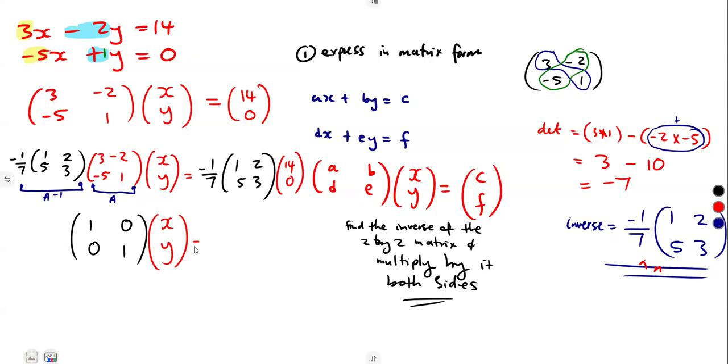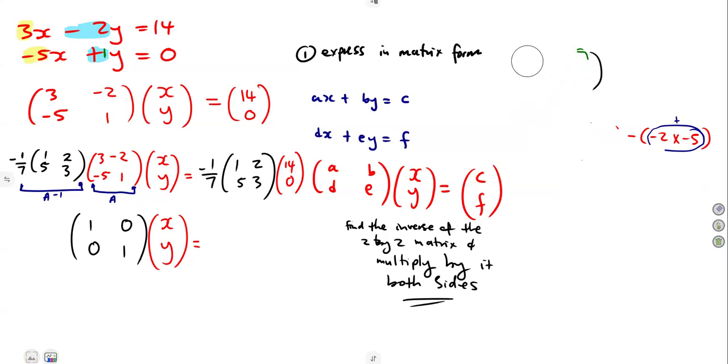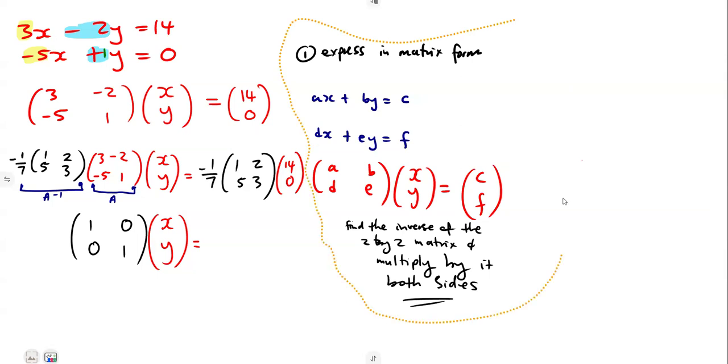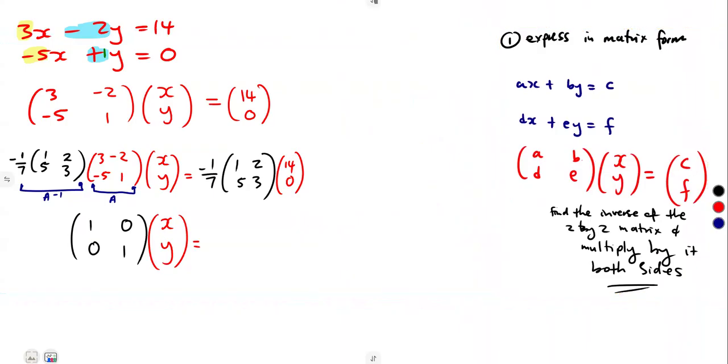So this is equal to, on the right-hand side now, be careful, because on the right-hand side, the inverse that we calculated was of the 2 by 2 matrix. It was not from 14, 0.